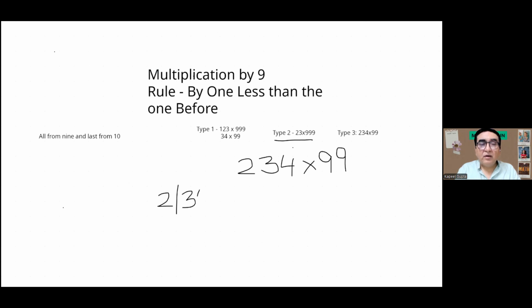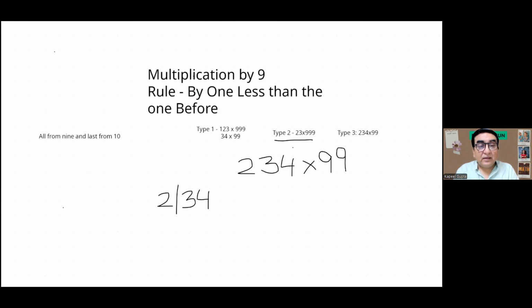So now 34, two digits, 3 and 4, 99, two digits, 9 and 9. Now, what I will do, I will add 1 to the number 2, the left hand side number, right?